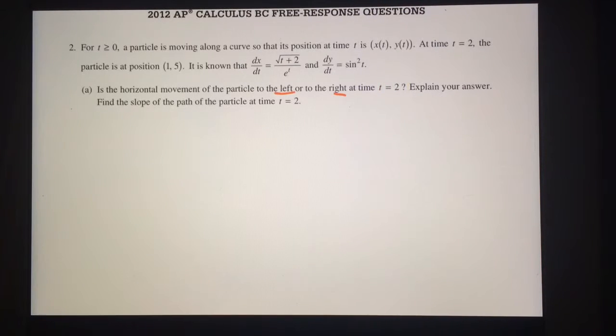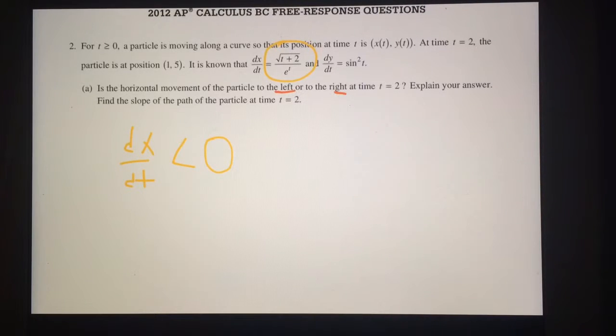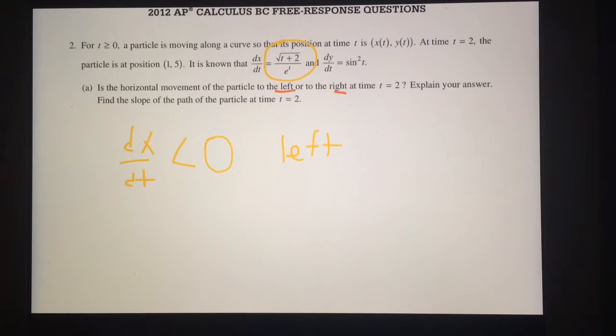If you look at this, you can notice something. This will never be negative, which is important, because if dx/dt is less than 0, then the particle is moving to the left. That makes sense, because it's the change in x, so if x is getting smaller, it's moving this way on the number line.